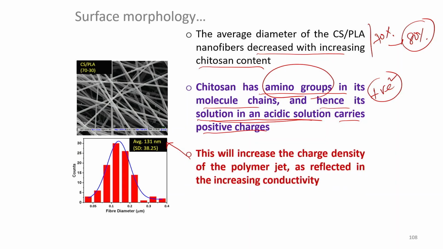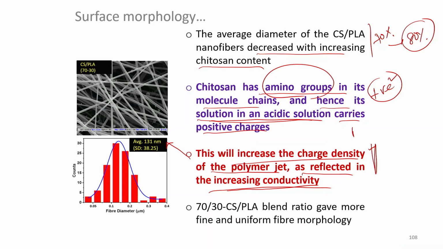and what will happen there is that this will increase the charge density of the polymer jet. So, at the jet it will increase the charge density, which is reflected in increased conductivity. When high voltage is applied, due to this positive charge and increased charge density, the conductivity will increase.